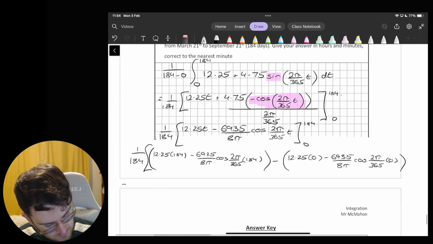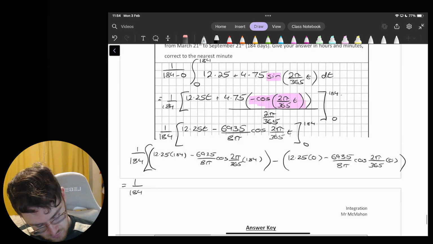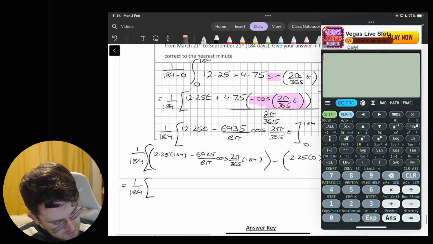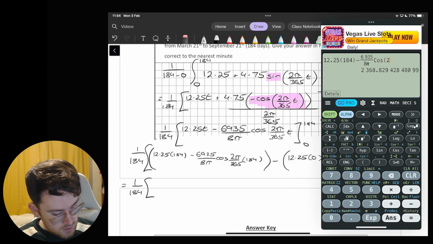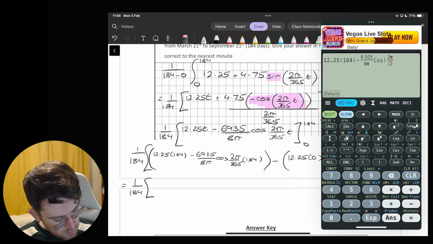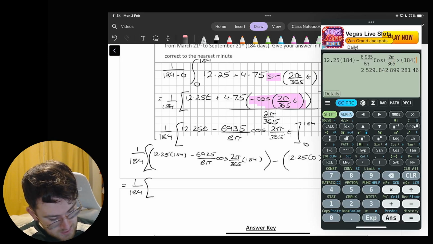So let's see what that will give us then. Keeping my 1 over 184 out on the outside here until the very end. 12.25 times 184, just be careful of inputting this, minus 6935 over 8 pi times cos, again being careful with my brackets here when it comes to cos, 2 pi over 365 times 184, close that bracket and the extra bracket as well.